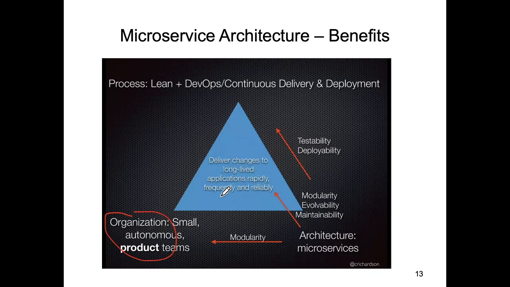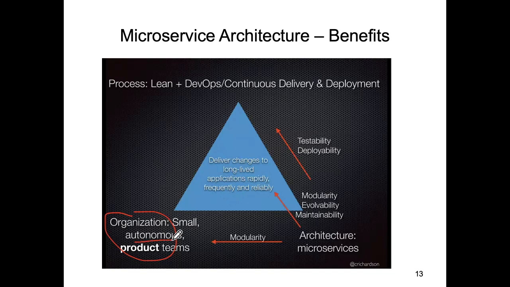So, they could change the internal workings of the service. They could change its software stack. And that's not going to impact any of the other services. So they had, to a certain degree anyway, autonomy in what they wanted to do.